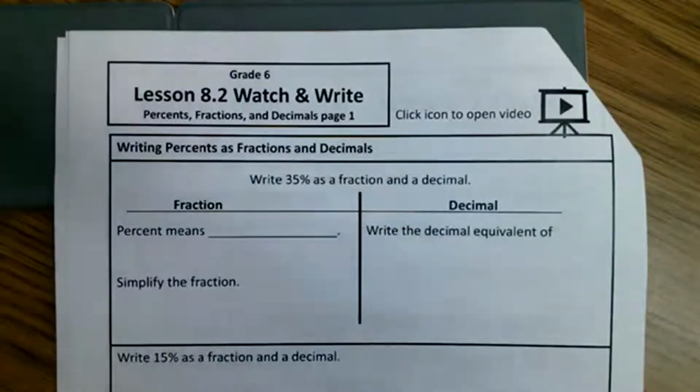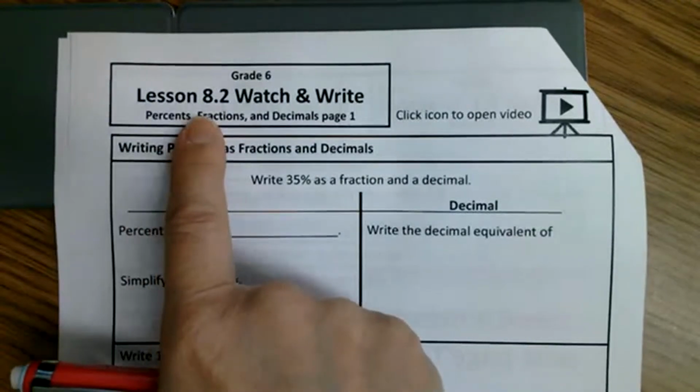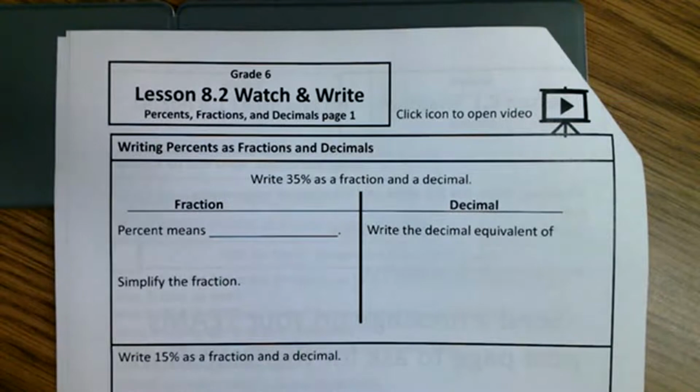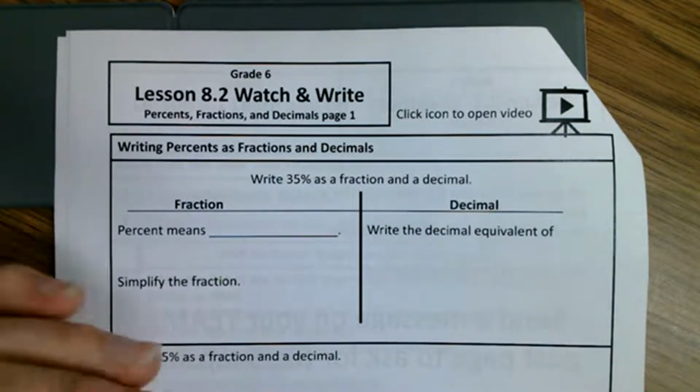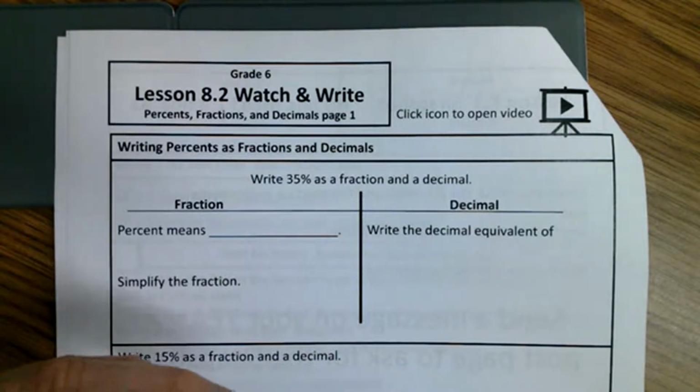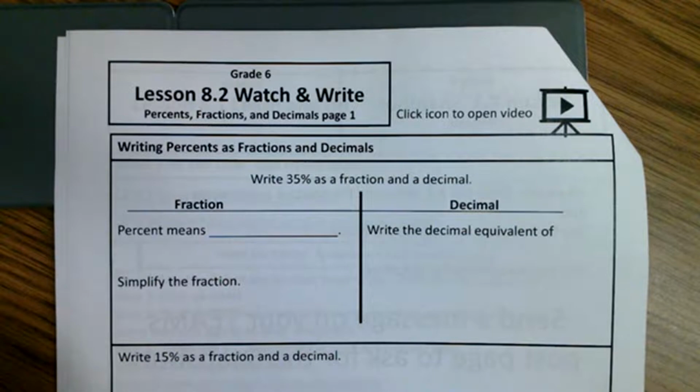Okay, today the lesson is 8.2, and 8.2 is on percents, fractions, and decimals. Now, you know from lesson 8.1 that fractions, decimals, and percents are three different ways to represent the same thing. Basically, we are showing part of a whole or part of a total.